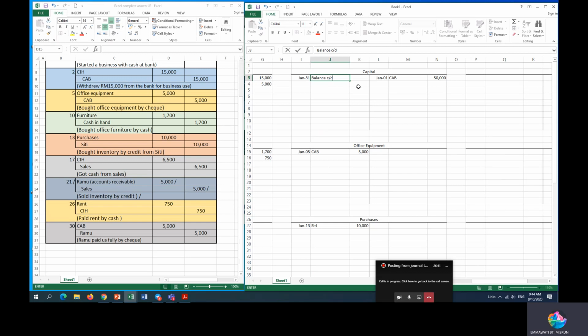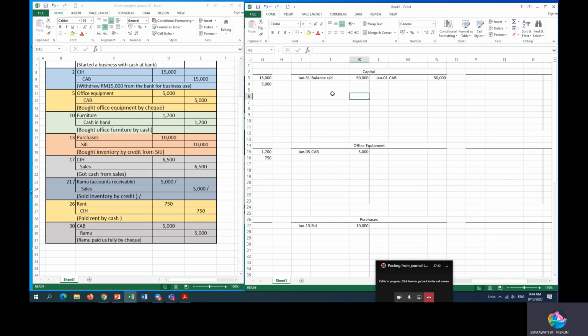We want to make the debit and credit of the capital account equal. Since we have credit capital 50,000, on the debit we should also have the same amount of 50,000. This is the ending balance of the capital account in the month of January.